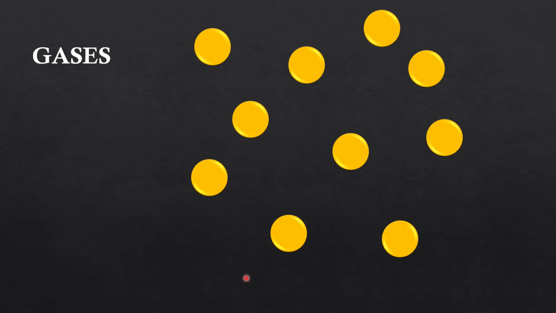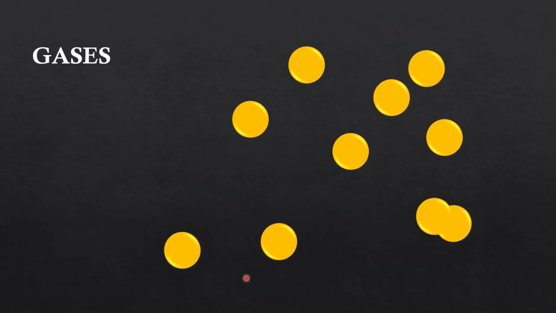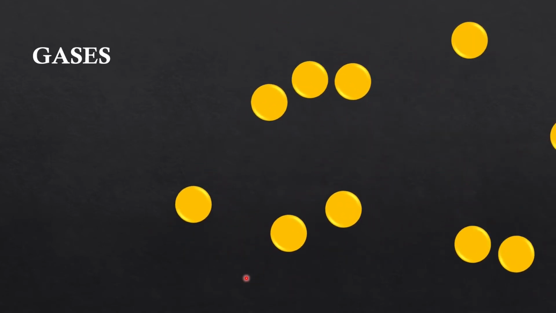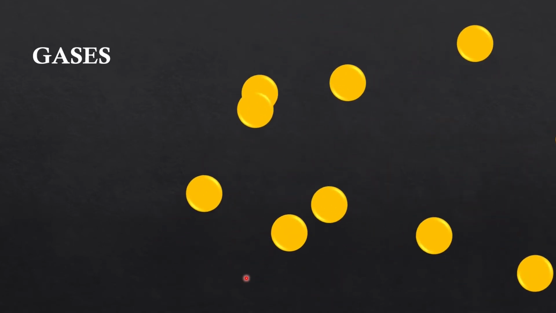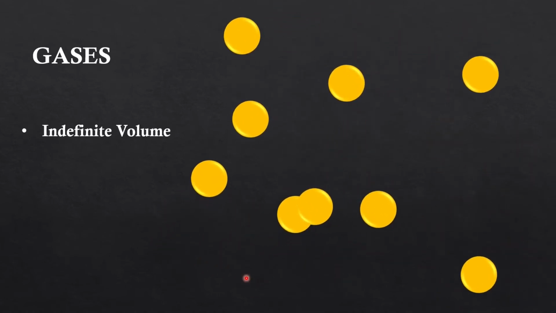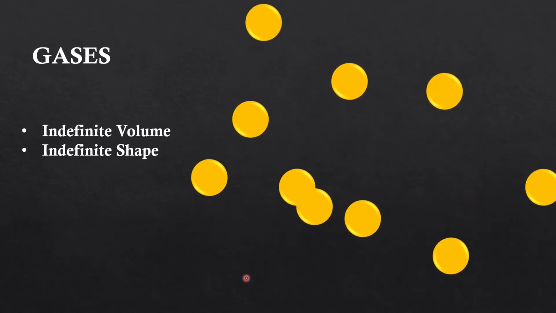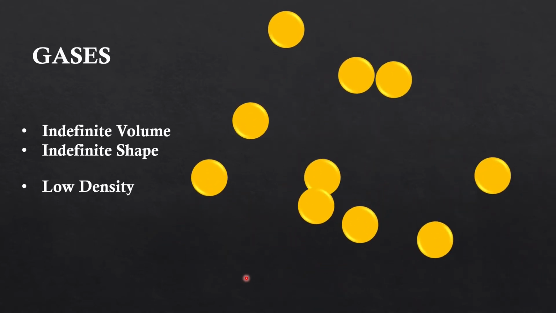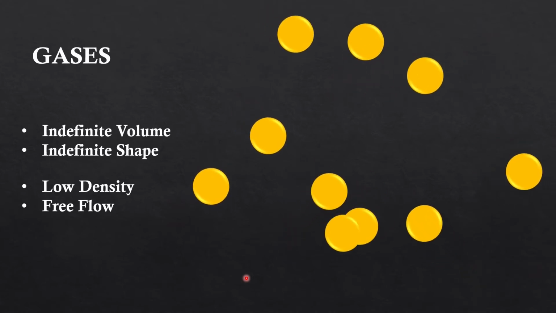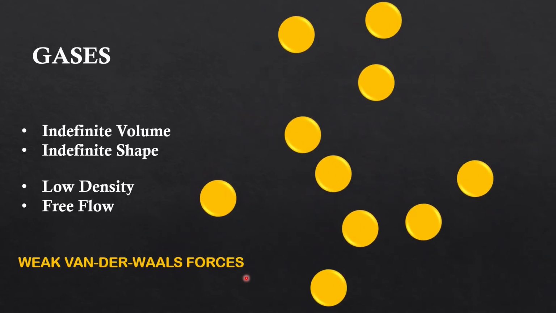The particles are free to move about. Every particle is completely free from the others and it can fly in its own direction. It doesn't have to move as a unit, and therefore gases have indefinite volume, indefinite shape, low density, and they flow freely. The dominant force is the weak van der Waals forces.